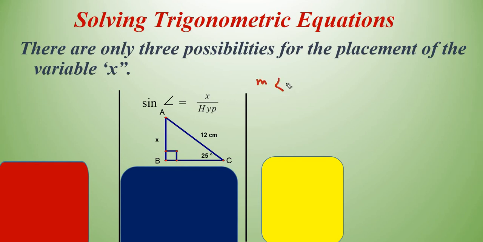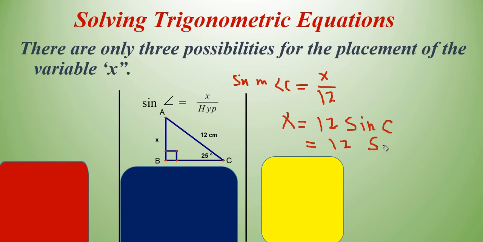For angle C, sine C equals opposite over hypotenuse. Cross multiplication, we get x equals 12 sine C, equals 12 sine 25.